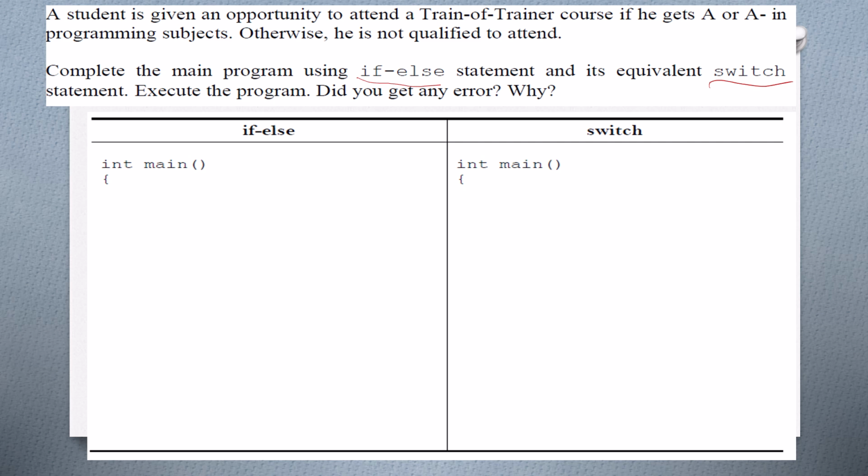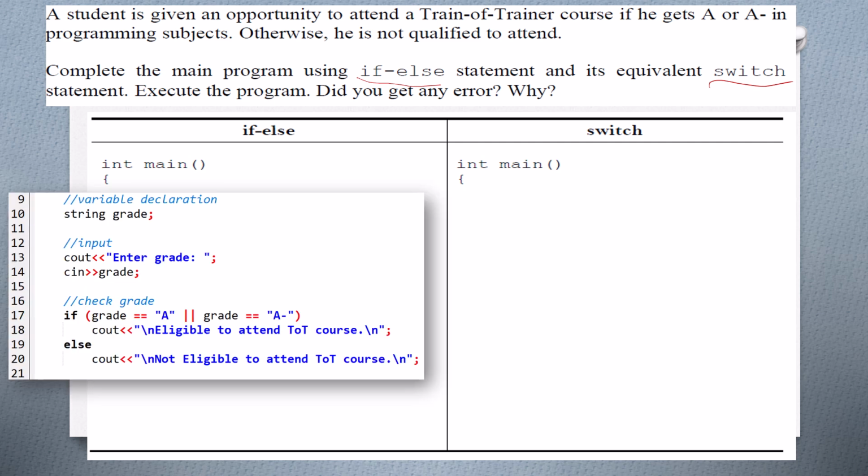For the if else statement, when you write your program, it would be similar to this one. Since you want to accept an input such as A or A minus, you need to declare a data type of type string or char array.